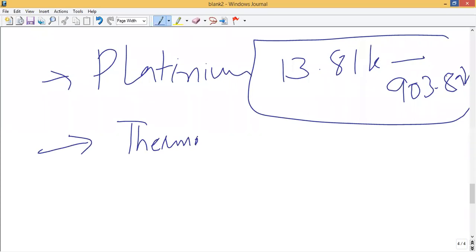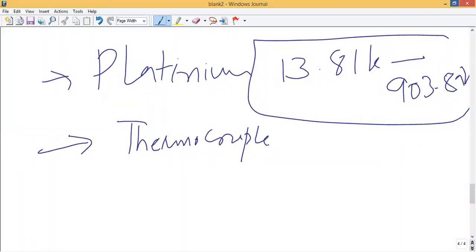Thermocouple is made up of two different metals. If you put one junction at the triple point of water and the other junction at a body whose temperature you want to measure, you can measure the temperature of the body through thermocouple.